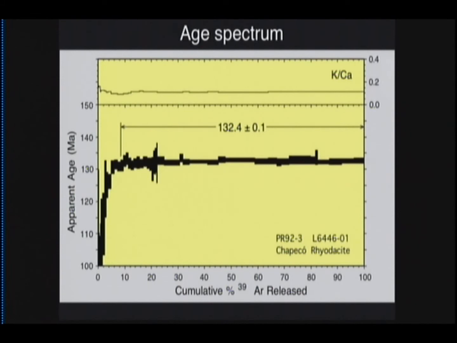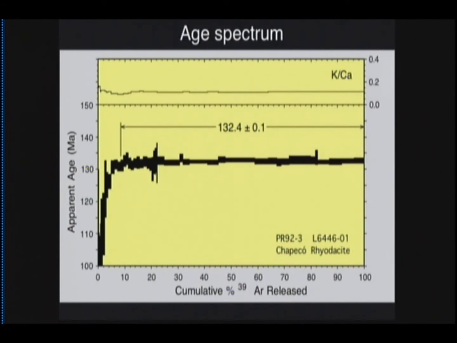The next age determination method that we often use is the age spectrum, and this is possible because we can heat samples not just by totally fusing them and analyzing all the gas that comes from a sample, but we can heat them in steps, and that's what the age spectrum is all about. So this plot shows the results of taking a sample.